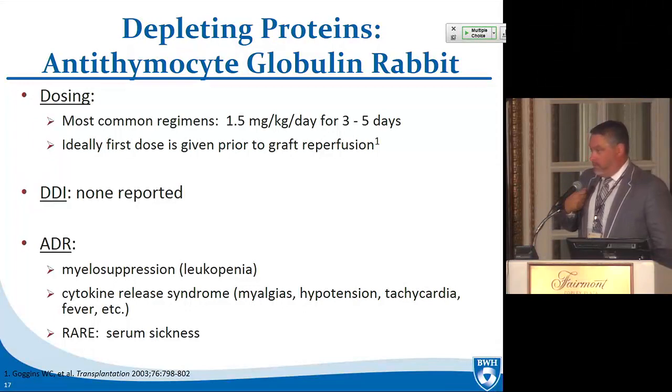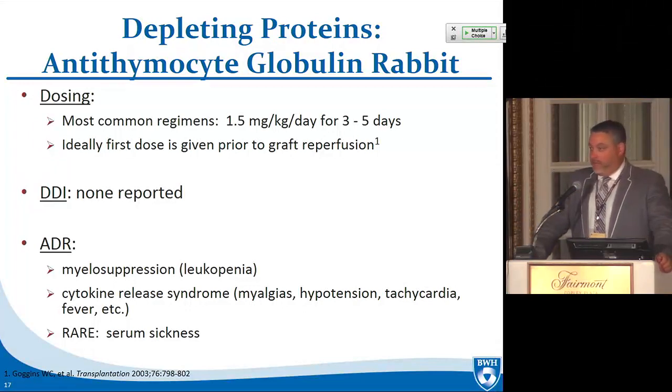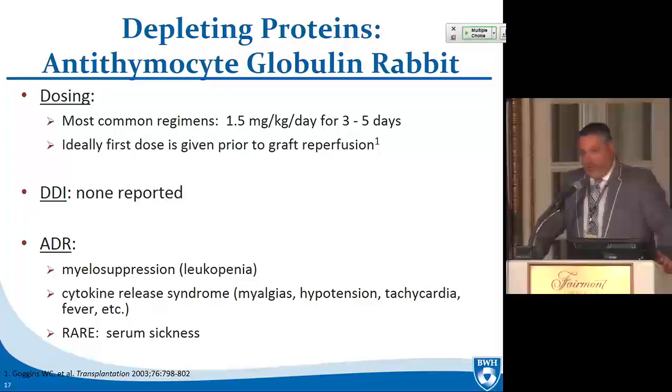From a safety profile, there's not a lot, but some significant. I'd say about 50% of my patients develop myelosuppression within the first 30 days, and we generally point our finger at thymoglobulin. You get a small percentage of folks that develop a cytokine release syndrome when you deplete a large number of T cells. Oftentimes you can see myalgias, hypotension, tachycardia, or fever. Generally nothing more significant than this.